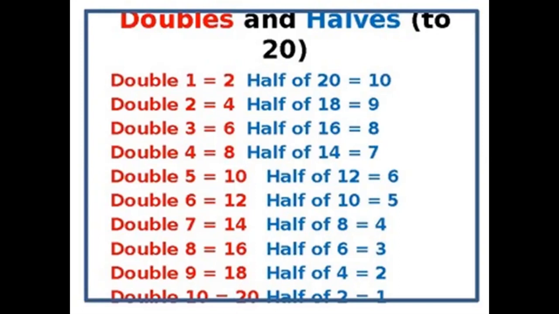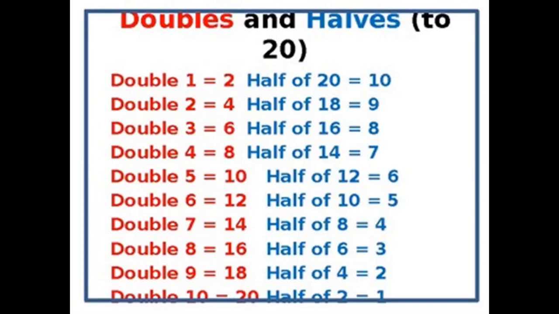Half of 20 is 10, half of 18 is 9, half of 16 is 8, half of 14 is 7, half of 12 is 6, half of 10 is 5, half of 8 is 4, half of 6 is 3, half of 4 is 2, and the last one, half of 2 is 1.